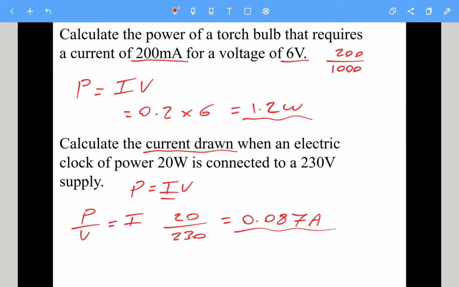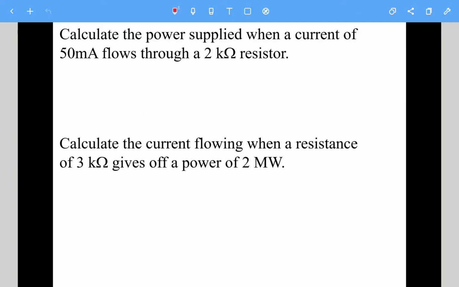Let's do some more. So let's pause and have a go at this one. Calculate the power supplied when a current of 50 milliamps flows through a 2 kilo ohm resistor. So that's the new equation. So that's power is equal to I squared R. So the power is simply the current squared. So we've got 50 milliamps, so we need to divide that by 1,000.